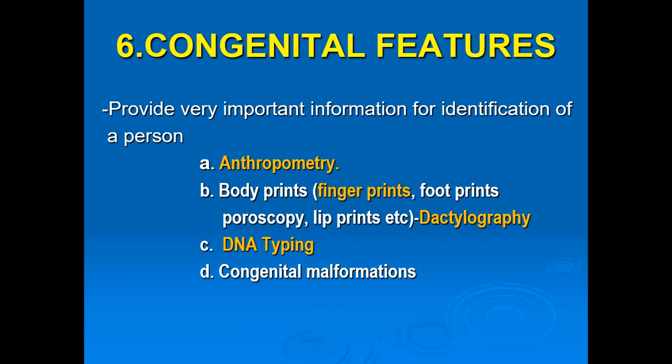Then DNA typing or DNA testing or DNA profile or DNA fingerprinting, all are the same thing. This is one of the surest methods. DNA pattern is also congenitally present in each person. Similarly, fingerprints are present in each person, and congenital malformations. So these are four congenital features.